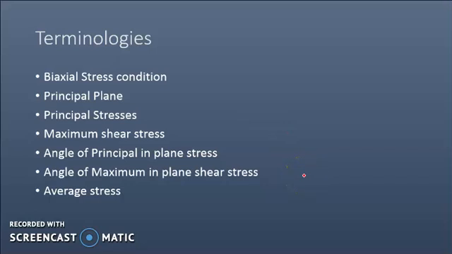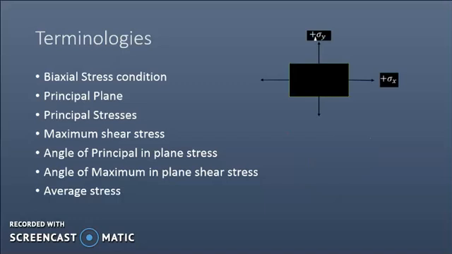Here, this is one element of a mechanical member, which is subjected to tensile stress in one direction, sigma x, and tensile stress in one more direction, sigma y. So this condition is called biaxial stress condition.